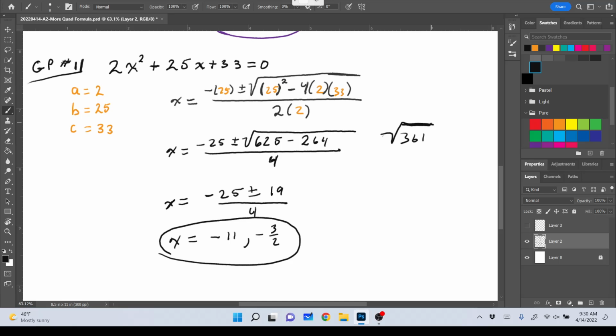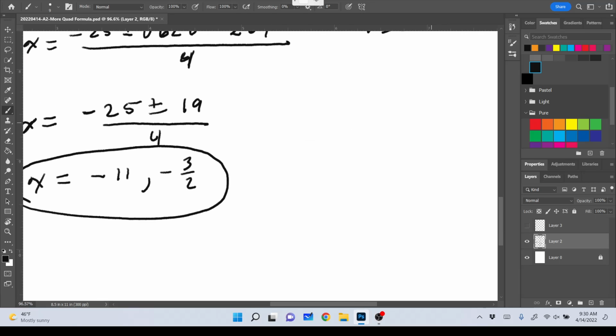Any questions, girls? Are we doing good on this one? We understand? Well, I just put in 25 divided by 4. So, okay, this last bit, remember that you're splitting it into negative 25 plus 19 and negative 25 minus 19, over 4.